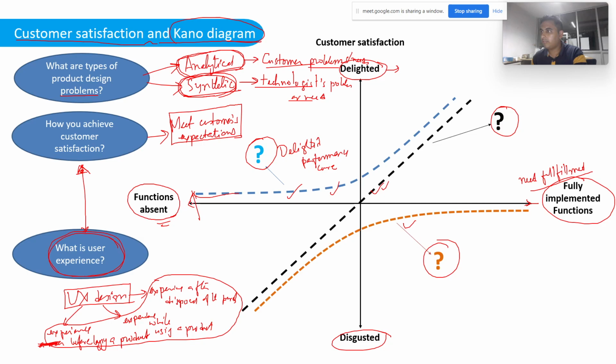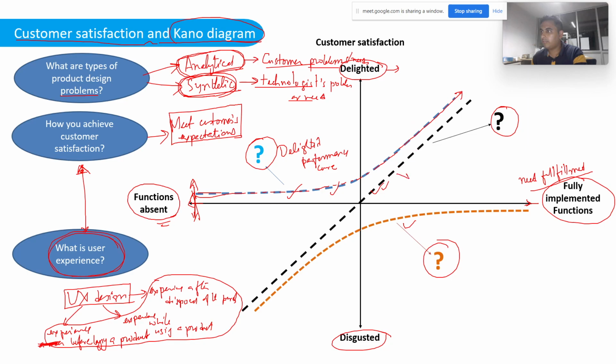So customer satisfaction is neutral even though the product does not have any sort of features. However, as a particular product has more features, your customer satisfaction increases exponentially.